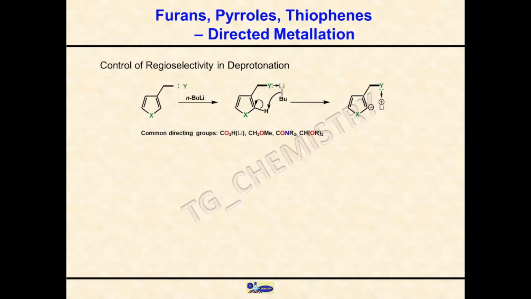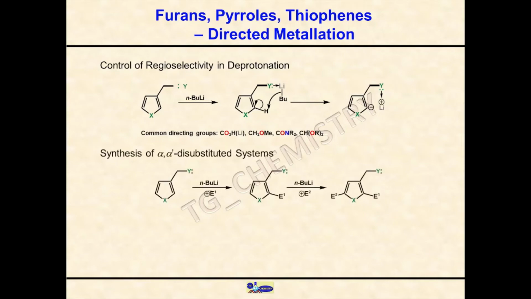So this is a directed metallation reaction where the lithium can bind and help the deprotonation at the alpha position. Okay, so the common directing groups which can be used in these cases are CH2OMe, CONR2 or CHOR2. Those groups are usually used for this purpose.